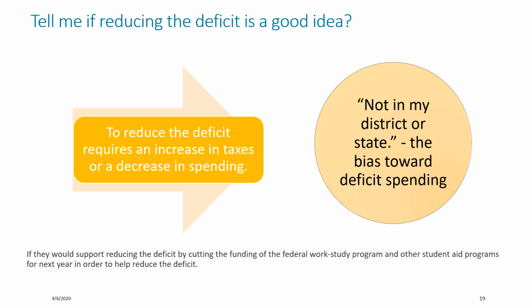That is the bias toward deficit spending. Would they support reducing the deficit by cutting the funding of the federal work-study program and other student aid programs for the next year? What will be your reaction to this?